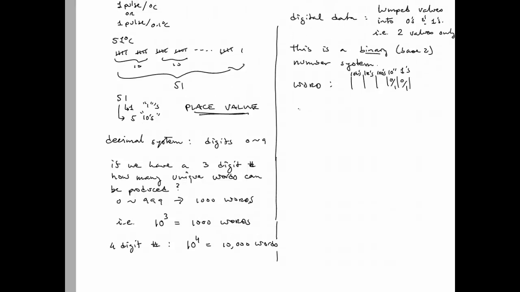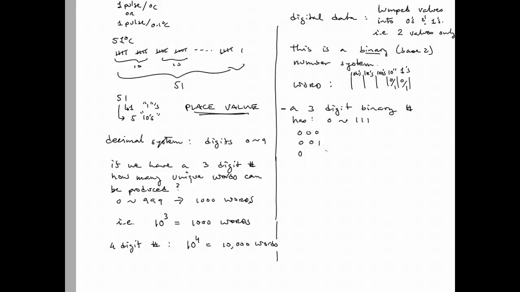Well, over here in the binary system, if we have a 3-digit binary number, what does it have? We'd count between 0 up to 111. In other words, let's be explicit about this. We'd have 000, 001, and then there is no 2, right? 1 is the highest digit.